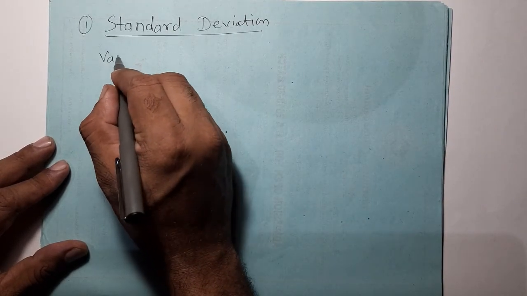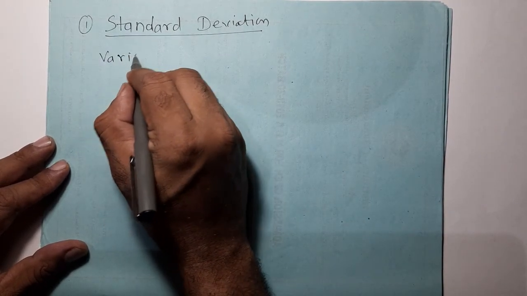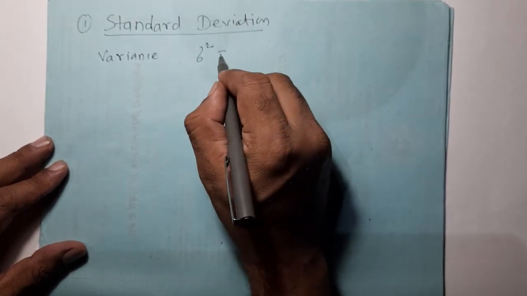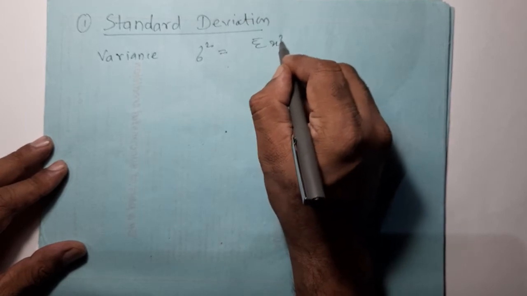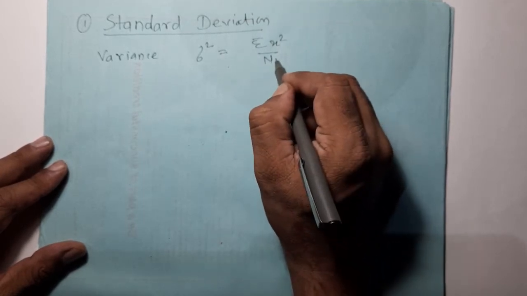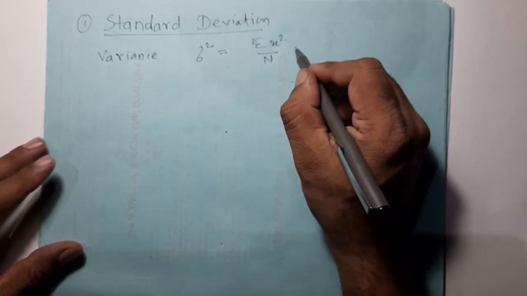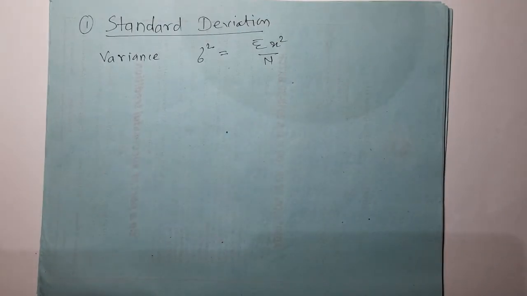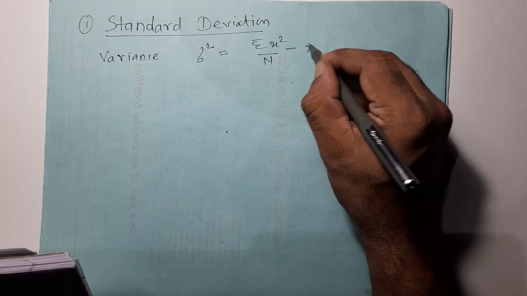First of all, we'll write the variance. Variance sigma square is equal to sigma x square by n for a discrete distribution, minus x bar square.